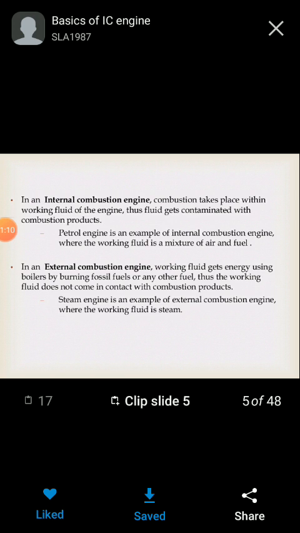In an external combustion engine, the working fluid gets the energy using boilers by burning fuels. Thus, the working fluid does not come in contact with the combustion products. The steam engine is an example of an external combustion engine where the working fluid is steam.